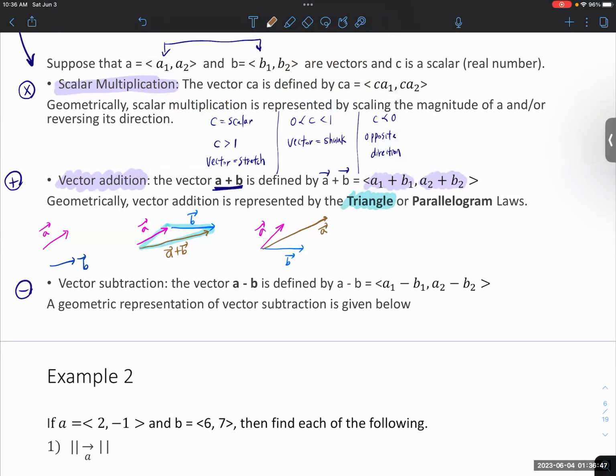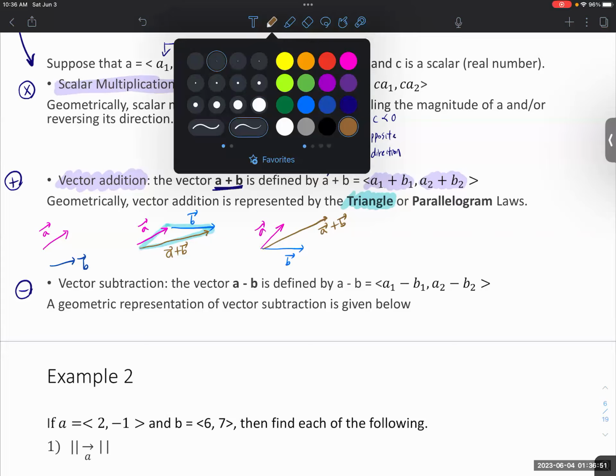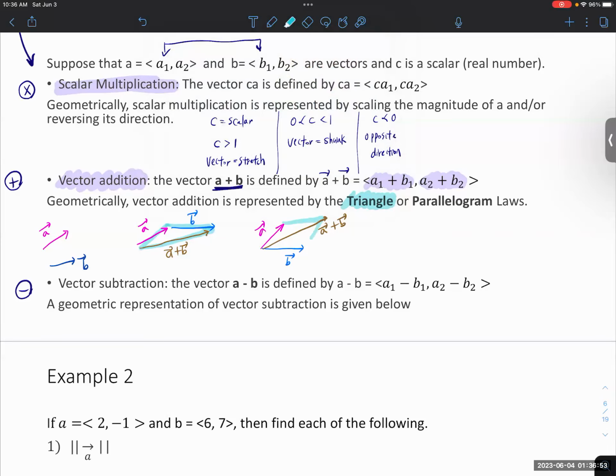This is A vector plus B vector. What do you guys see? This time we have a parallelogram. So if you're adding two vectors, you will find either a triangle or a parallelogram. So that's the characteristic when you're operating on two vectors in terms of addition, okay?